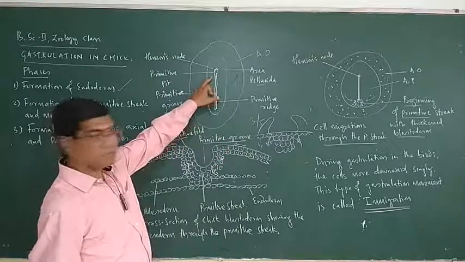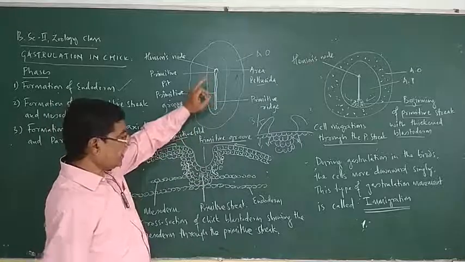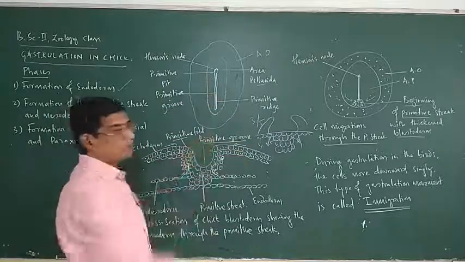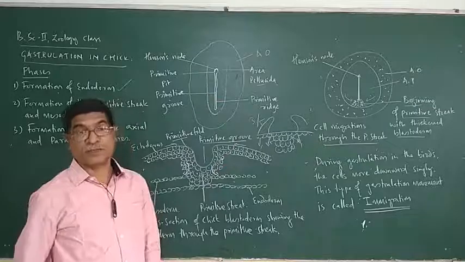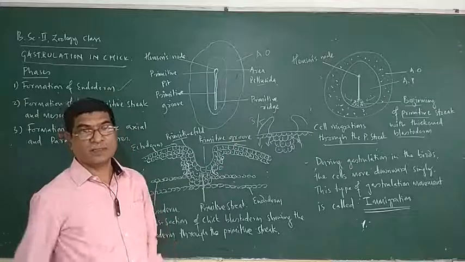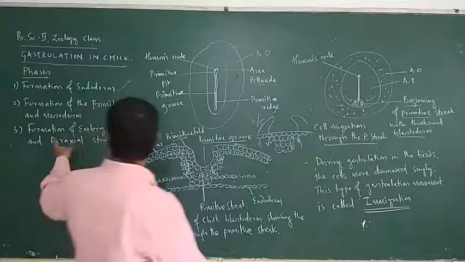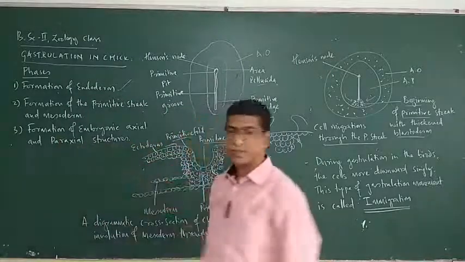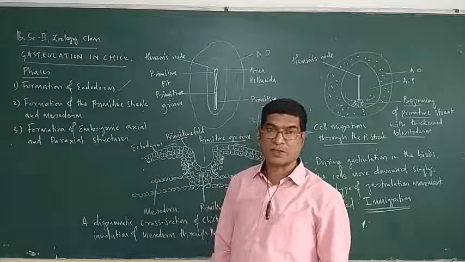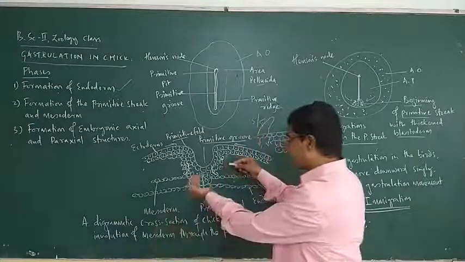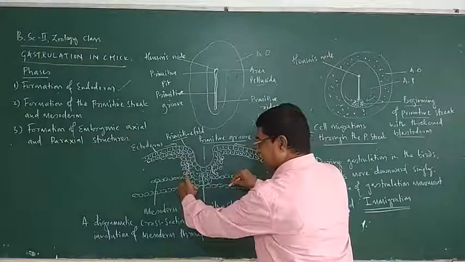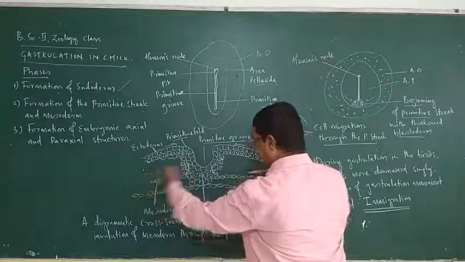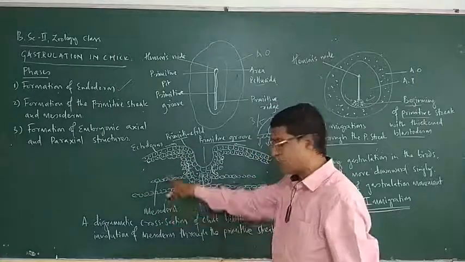Later on, what is developed? The next process is the formation of embryonic axial and paraxial structures. The immigrated cells move towards the hypoblast and laterally spread to form mesoderm.